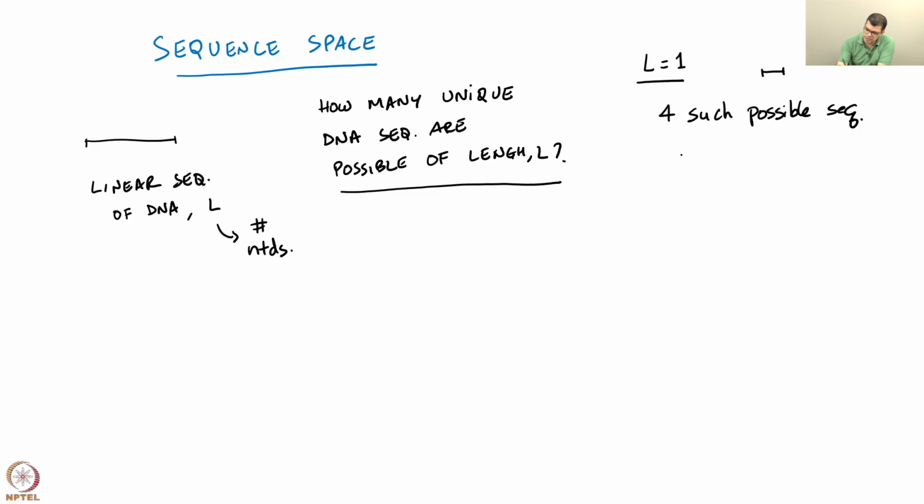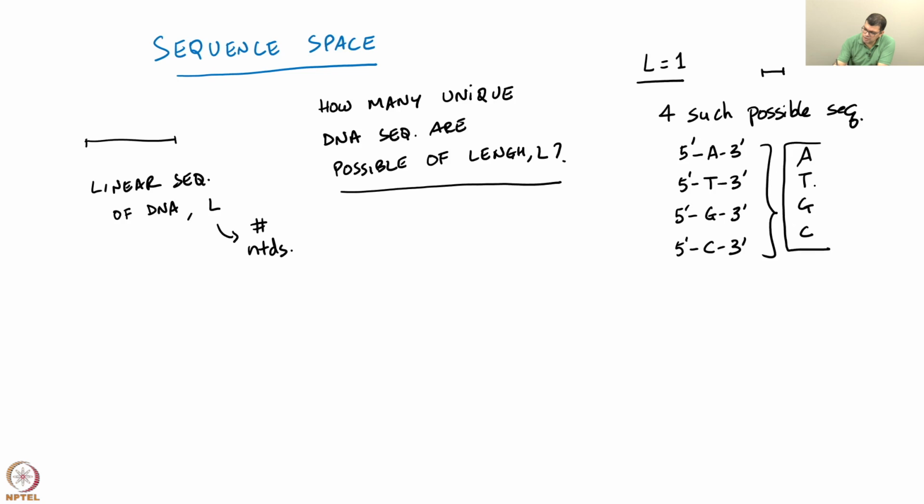We saw that DNA is directional, so it could be 5 prime A 3 prime, 5 prime T 3 prime, 5 prime G 3 prime, 5 prime C 3 prime. This is simply written as A T G C. You could pick out any one of these 4 nucleotides that make up DNA, and that gives you a unique DNA sequence. Hence, the answer for L equal to 1 is simply 4.